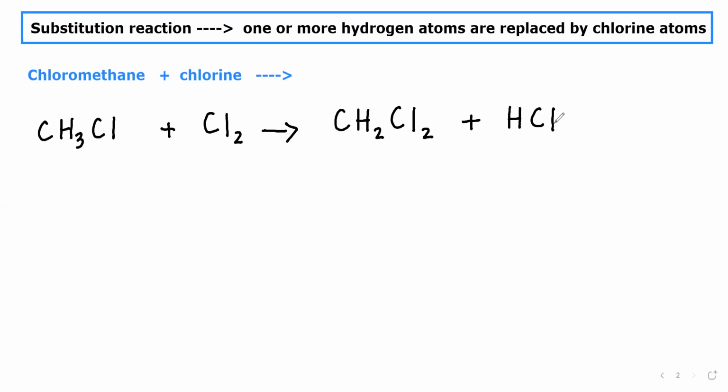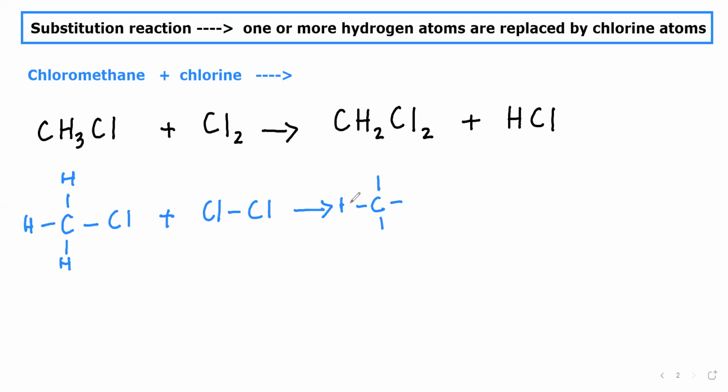We have CH3Cl plus Cl2, then CH2Cl2, so we put 2H and 2Cl, and finally we have HCl.